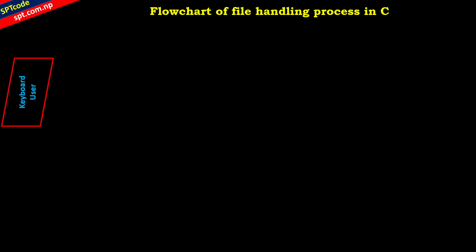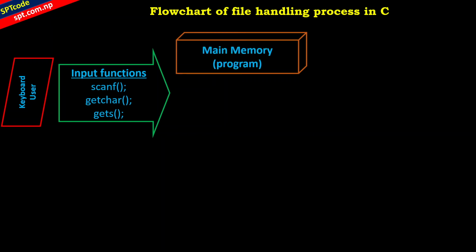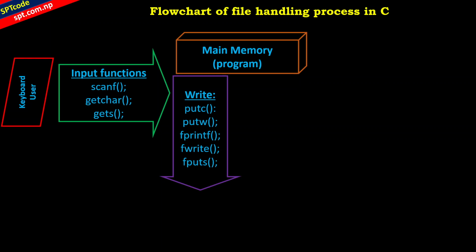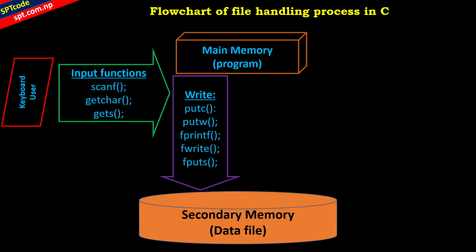Normally we take some information from the keyboard from the users by using different functions like scanf, gets, getchar, and that is stored in main memory. From main memory we have to create one file, and we can write all the data we have fetched in main memory to our particular data file, by creating that file or by opening an existing file.